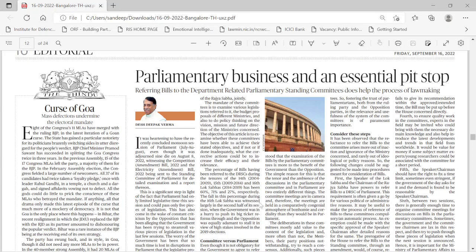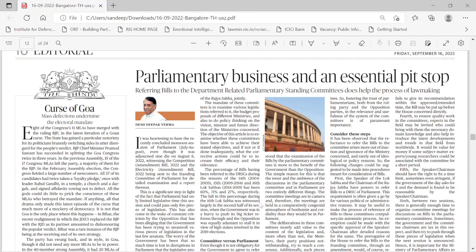Now, this article argues that the bills are not passed in the parliament effectively, mainly because there is no consensus among the opposition and the ruling party.